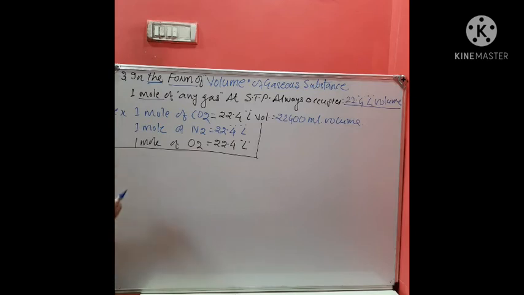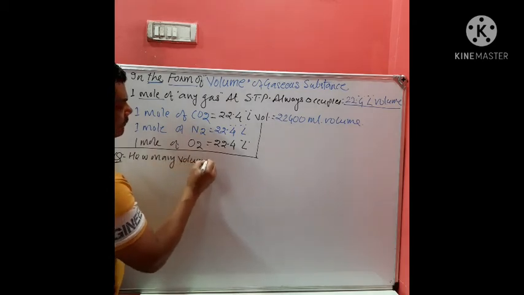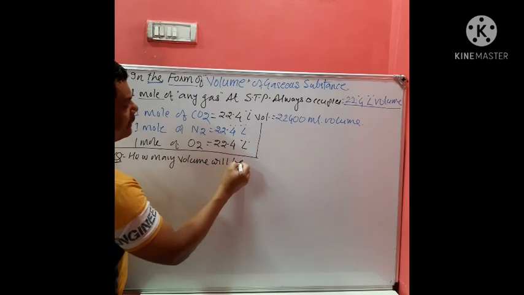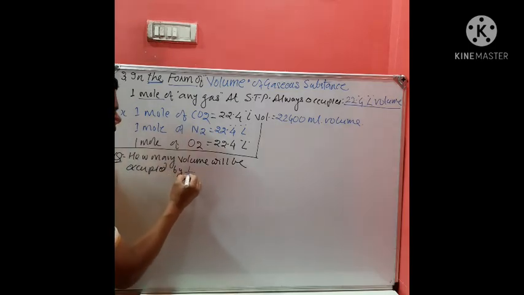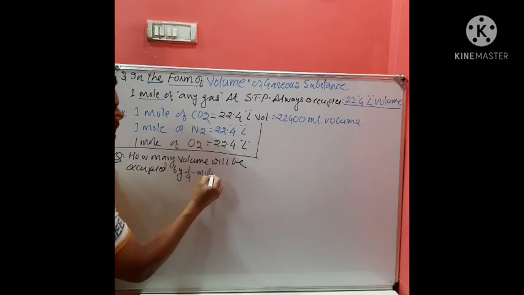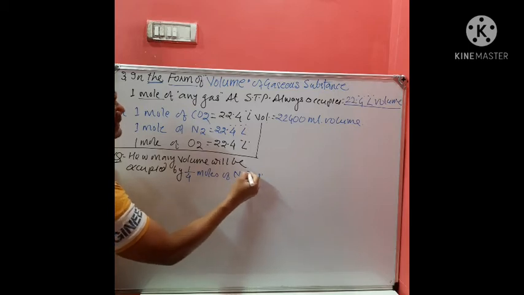Now can we correlate it? To correlate, we can find some questions, where I explain the relation by using questions. Like here: how much volume will be occupied by 1/4 moles of N2 gas?